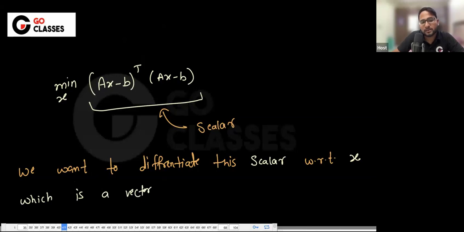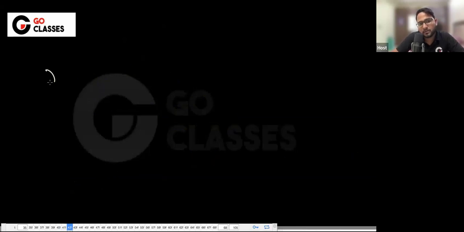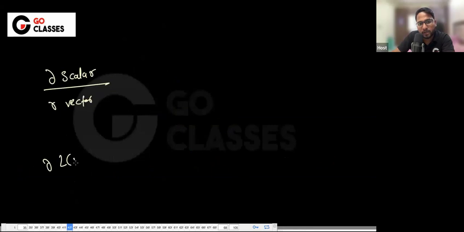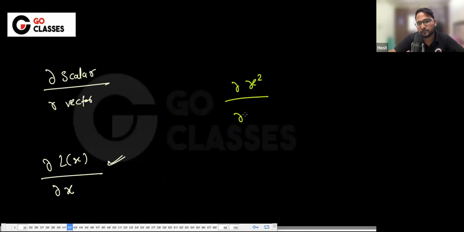So it is a kind of differentiation of scalar with respect to vector. I mean, it is a kind of differentiation of L of X with respect to vector X, right? This is this kind of differentiation. Tell me, have you done this kind of differentiation? Scalar with respect to scalar?